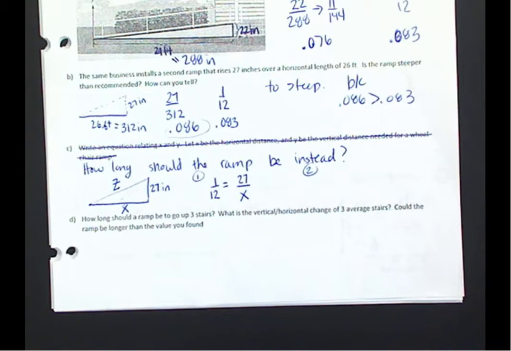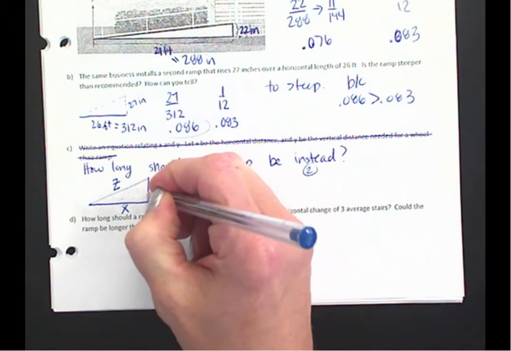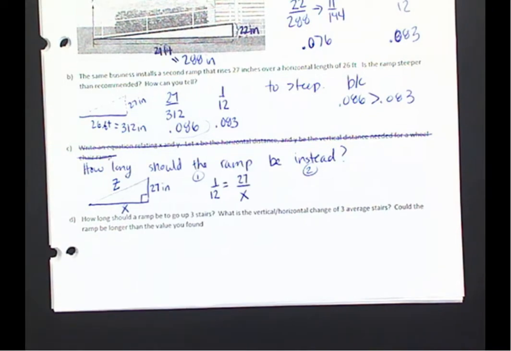Find your x. That's a right triangle, guys. Find your hypotenuse. Think about how you would round if you need to.